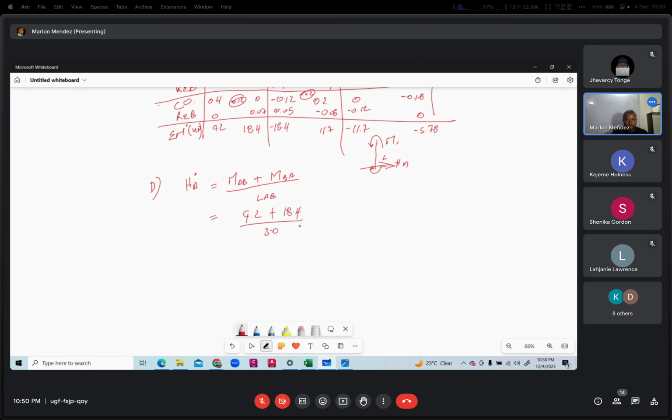When you work it out, this becomes 9.2 kilonewton. You do this part because you're just dealing with the columns only, because the moment is within the column here as well.